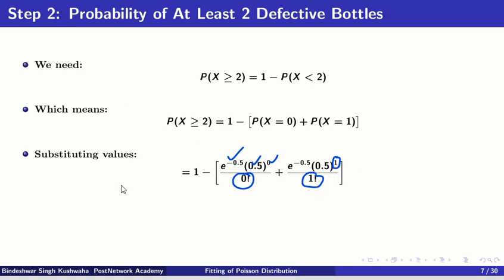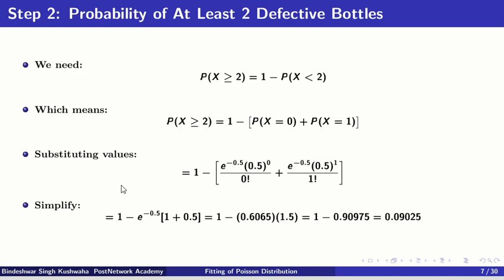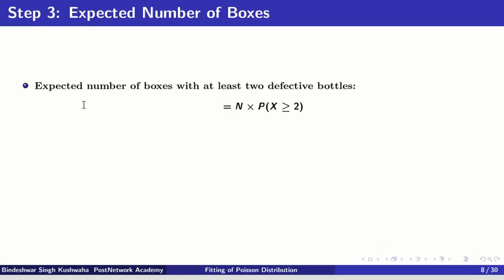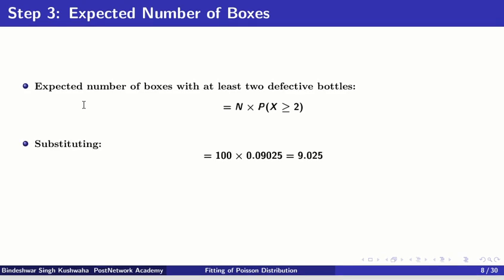And if we work it out, we will get 0.09025. So the expected number of boxes with at least 2 defective items would be 9.025. Almost about 9 boxes will contain at least 2 defective bottles.